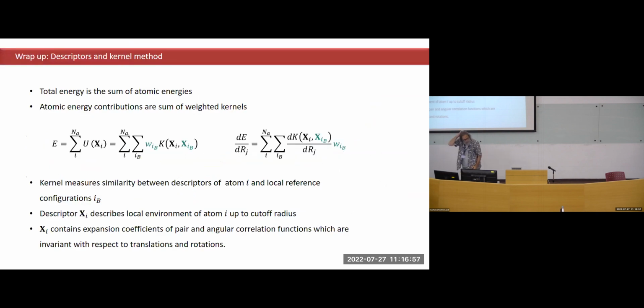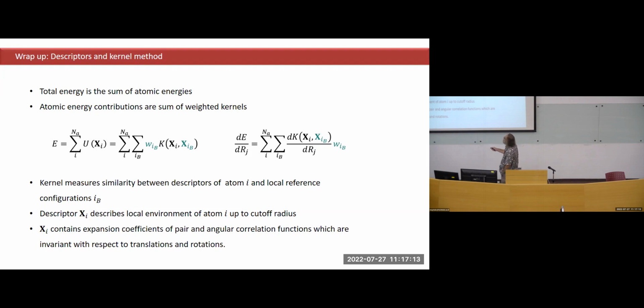So to wrap that up so far, our total energy is the sum of atomic energies, and these atomic energies are sums of weighted kernels, these weighted similarity kernels.